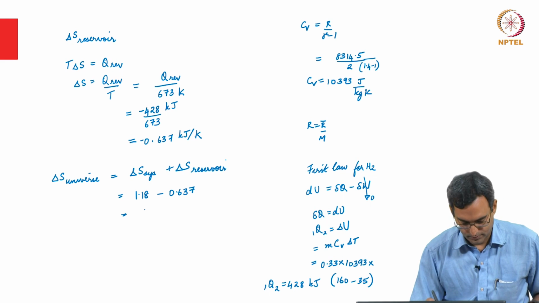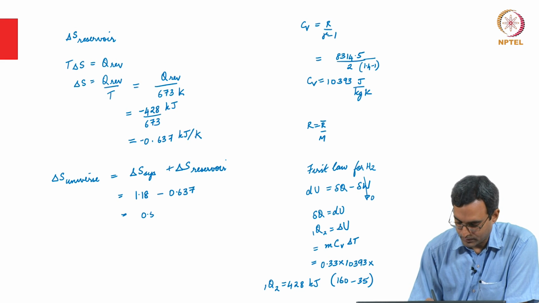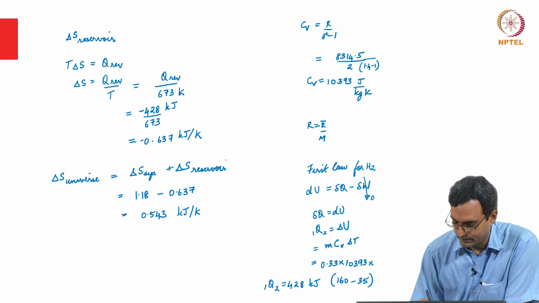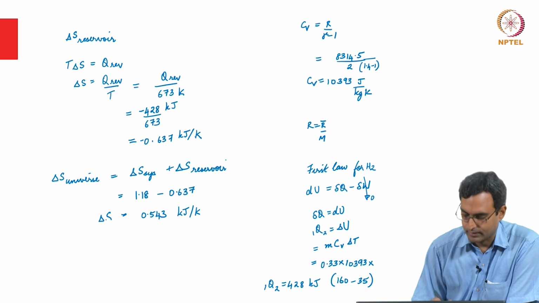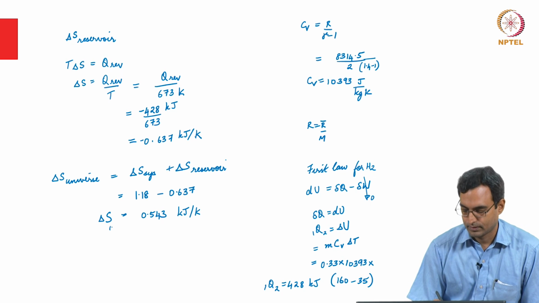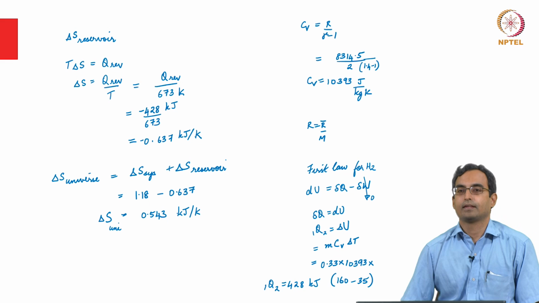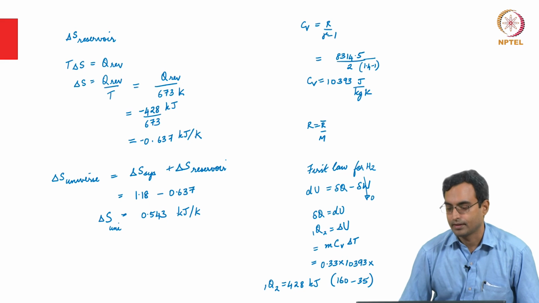Which is 0.543 kilojoule per Kelvin. So, what we see is that the entropy of the universe is increasing by this amount when we have this heat transfer.